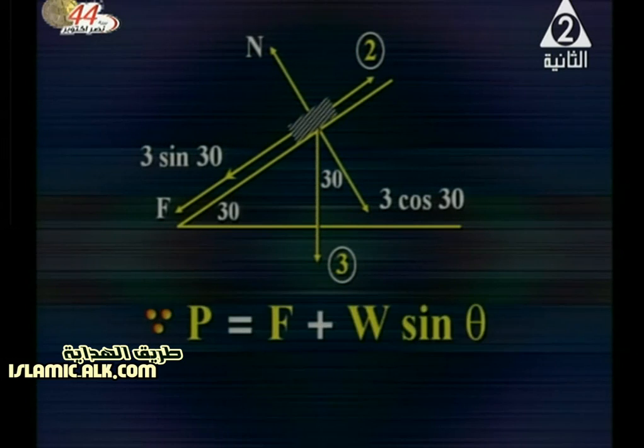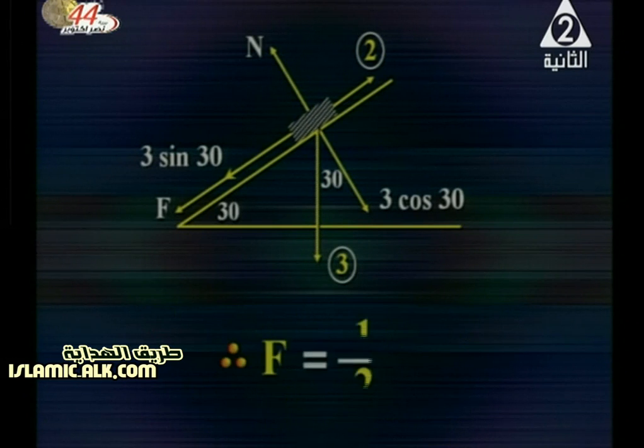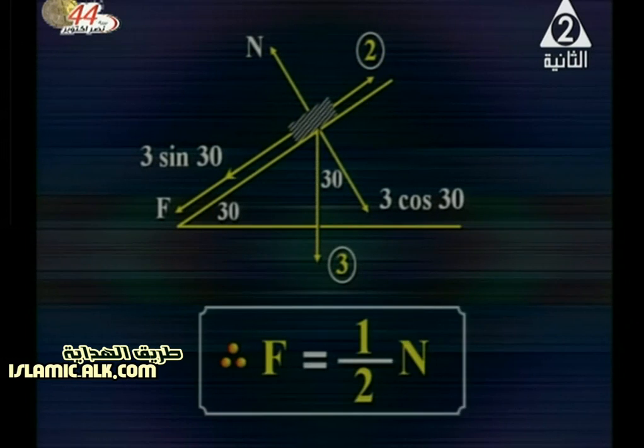Since B equals F plus W sine 30, and what is B? 2. So 2 equals F plus 3 times sine 30, and sine 30 equals half. After that, we find the value of F. Therefore, F equals half newton.